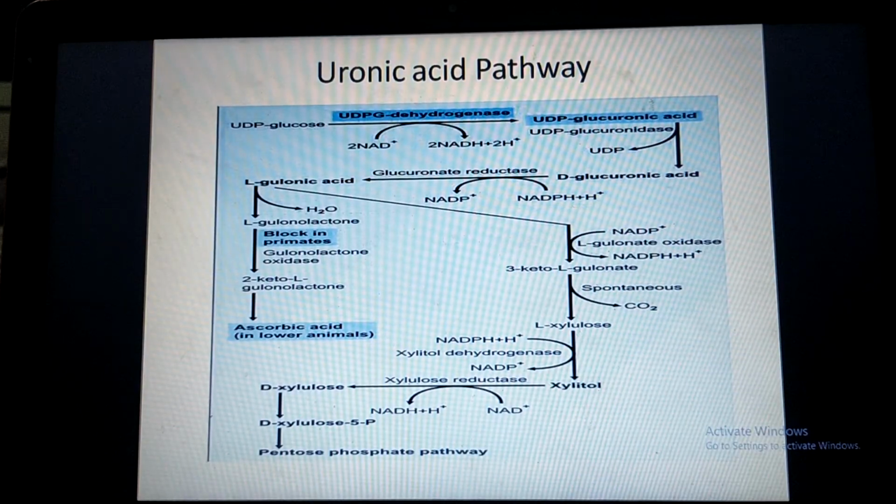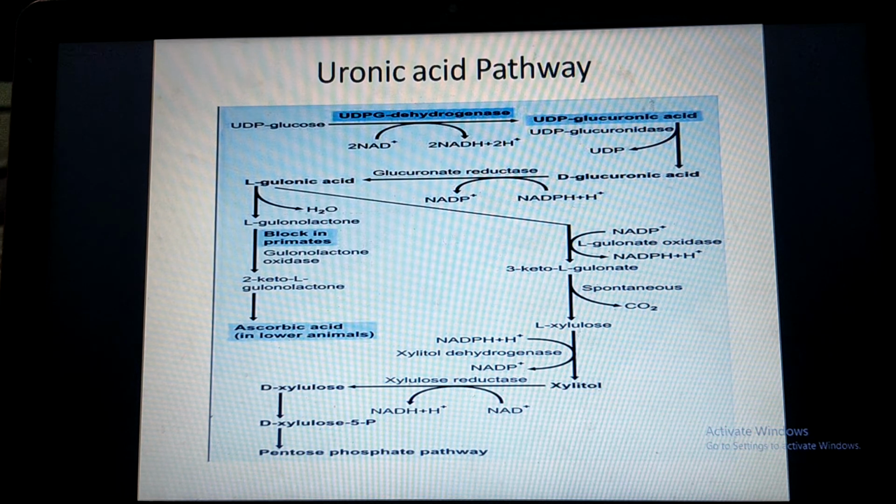Again we will come to the main pathway given in the book, where it shows conversion of L-xylulose to D-xylulose. So basically L-xylulose is formed from 3-keto-L-gulonolactone, which is formed from L-gulonic acid, and this L-xylulose is converted to xylitol, xylitol is converted to D-xylulose, and then D-xylulose enters into the HMP shunt pathway or pentose phosphate pathway.